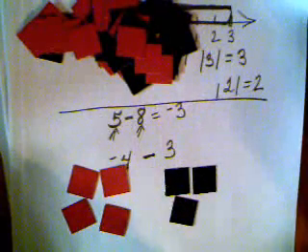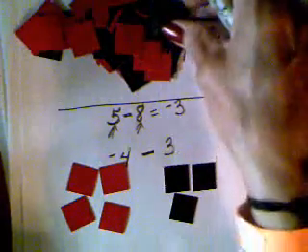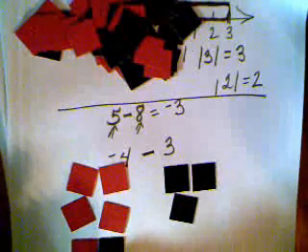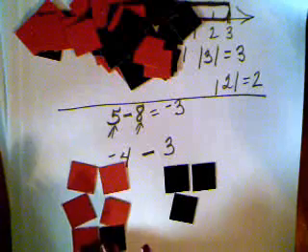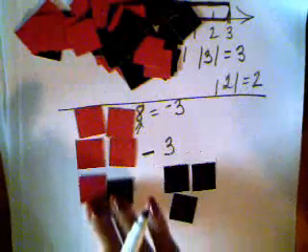So I can't take black away from red. So I have to add in my 0 pairs. So to add a black, I have to add a red, so it's actually a value of 0. A black and a red.